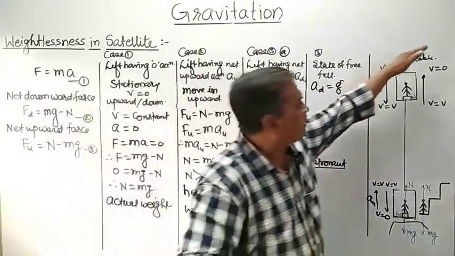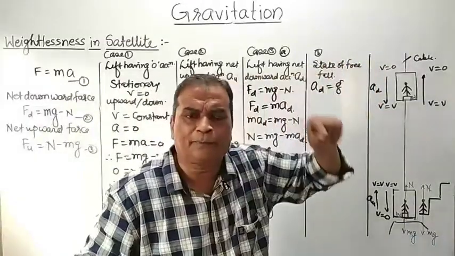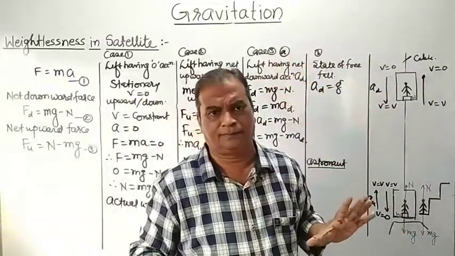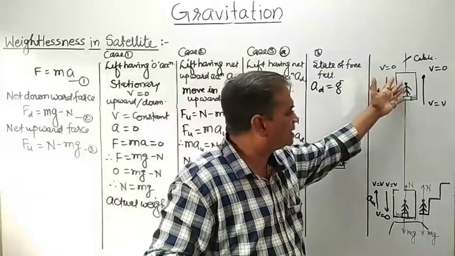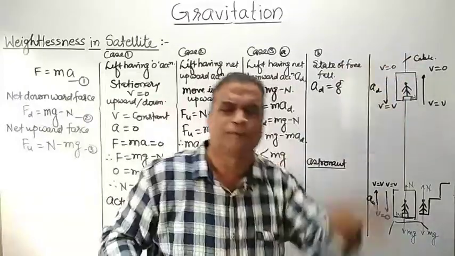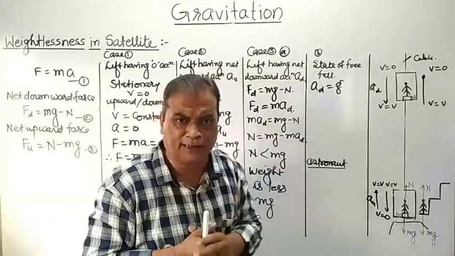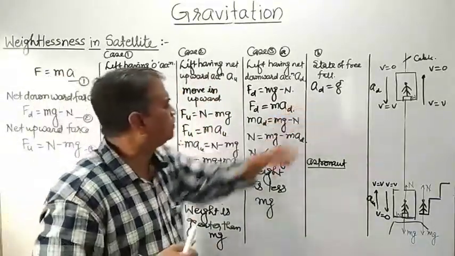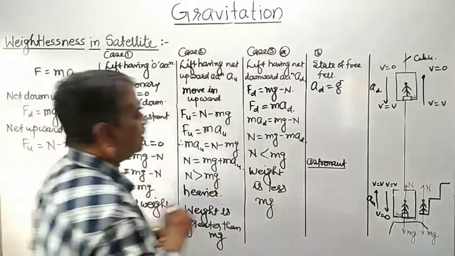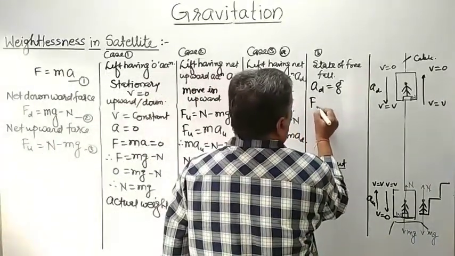So when the cable of a lift is broken suddenly, then both passenger and lift start moving in a downward direction with an acceleration AD equal to g. AD equal to what? g. Now what is the formula for downward force?